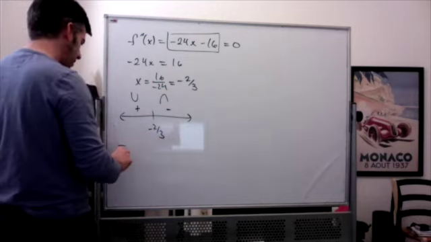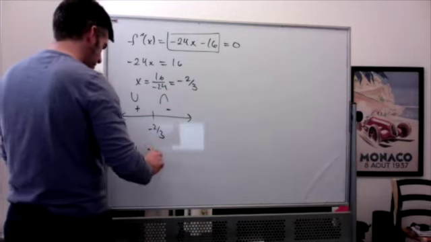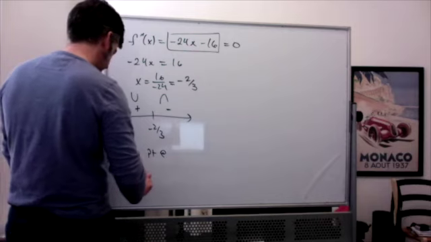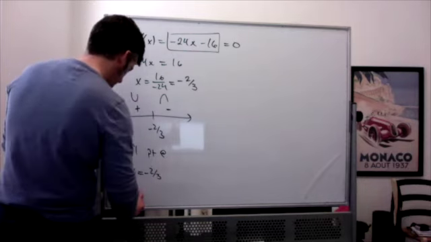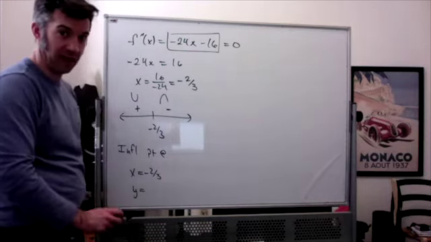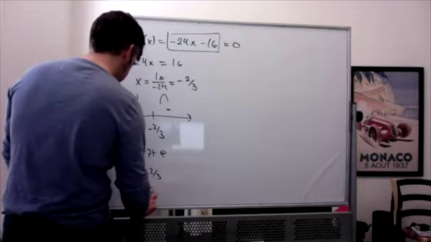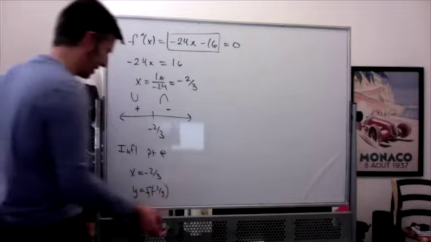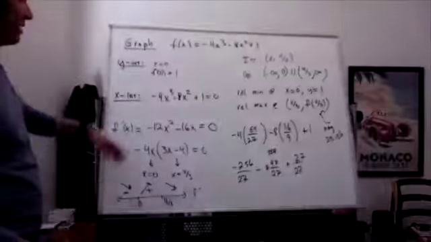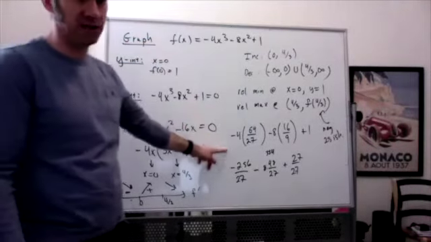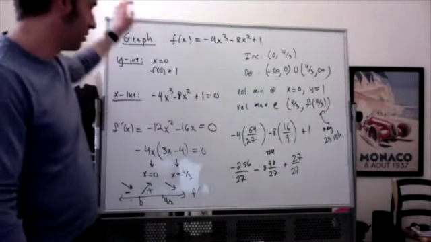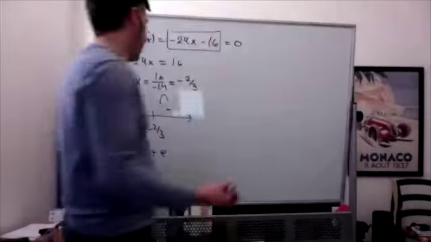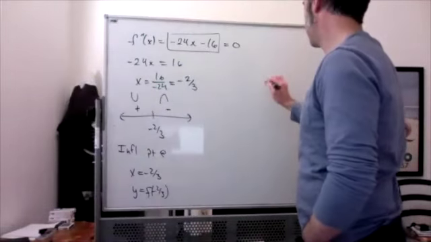We do have an inflection point at x equal to negative 2/3, y equal to f of negative 2/3. Right? Because again, plugging that into the original thing is going to be not much less terrible than plugging it in there. So let's try and graph this. Let's see what we've got.